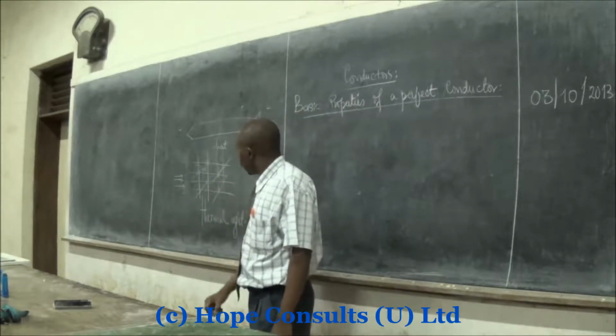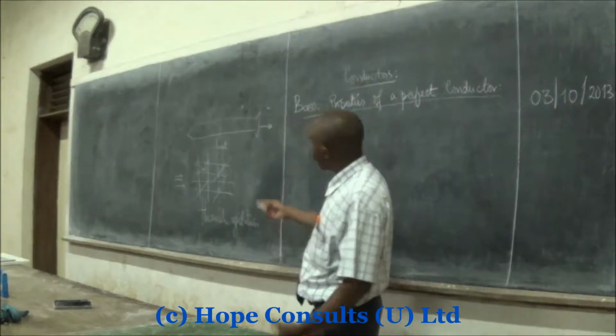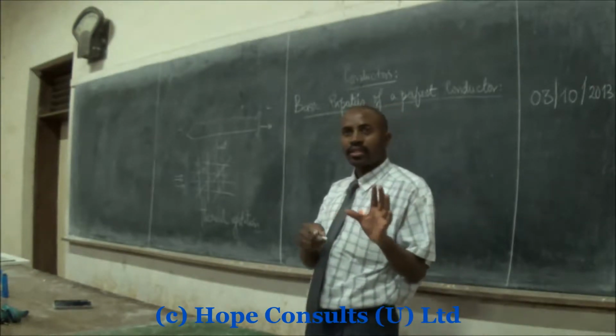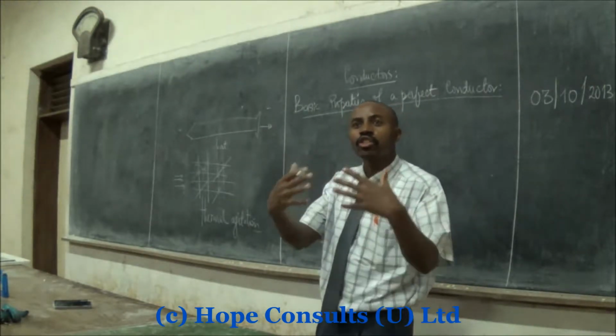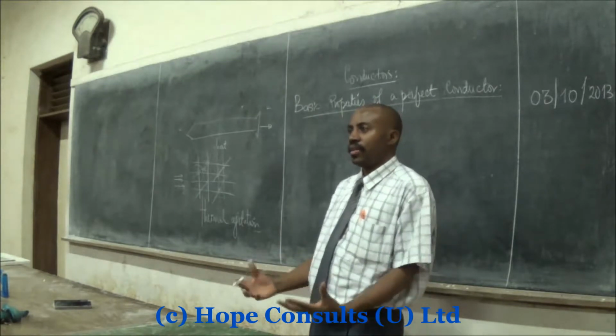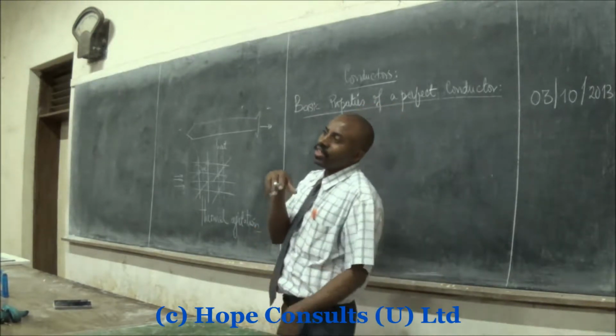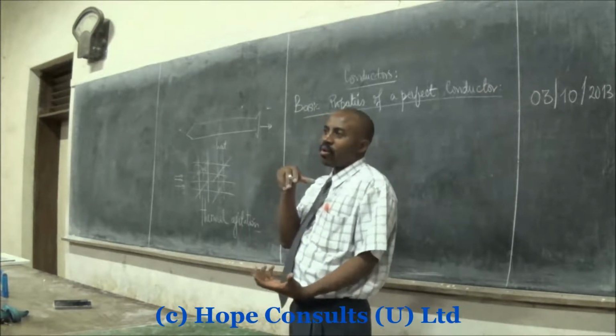That's why I talked about solid state physics, those interstitial sites and how they are occupied, and how when an electron leaves a spot, you create what we call a hole.